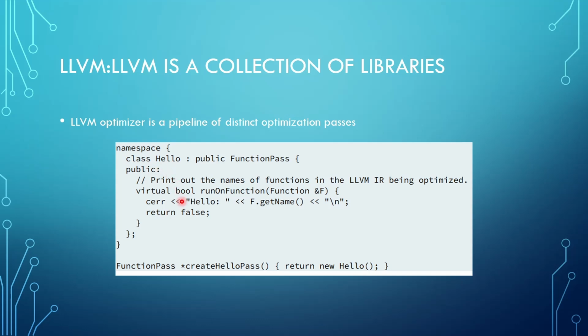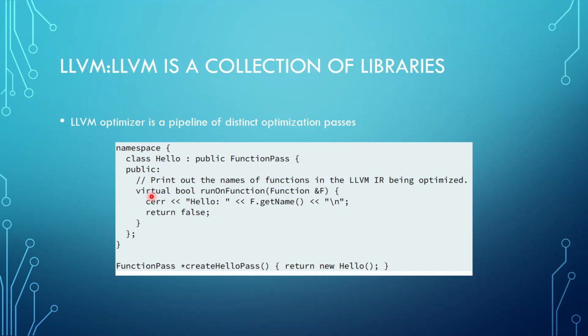For this pass to be useful, we need some method of access to it, and for that we have a single function that creates this pass. This is the generic structure of a pass C++ file, and the LLVM optimizer provides dozens of different passes, each of which is written in a similar style. These passes are compiled into one or more object files, which are then built into a series of archive libraries.